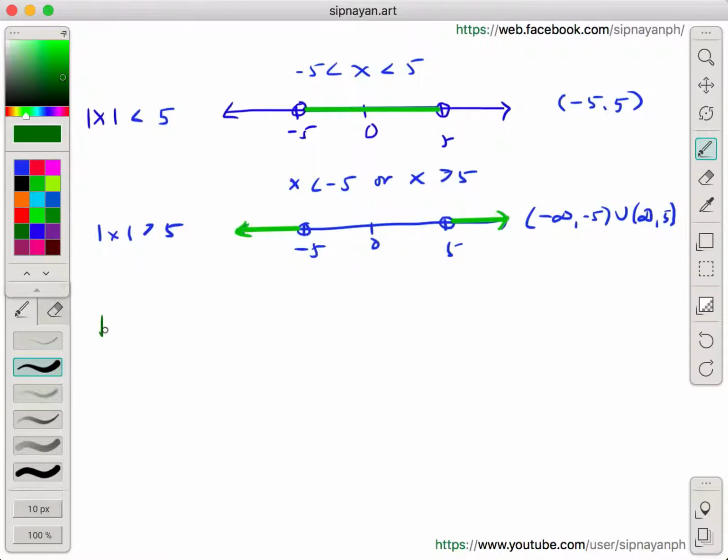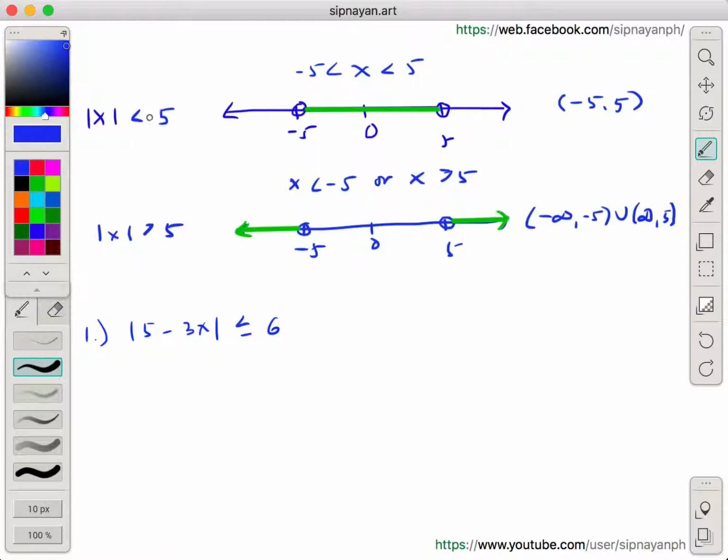So for example, let's have another example. The absolute value of 5 minus 3x is less than or equal to 6.